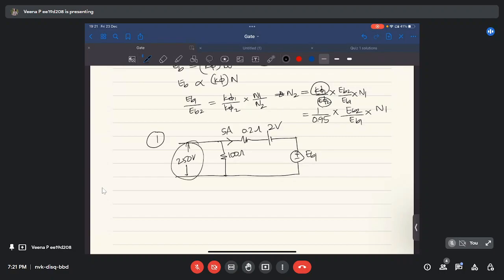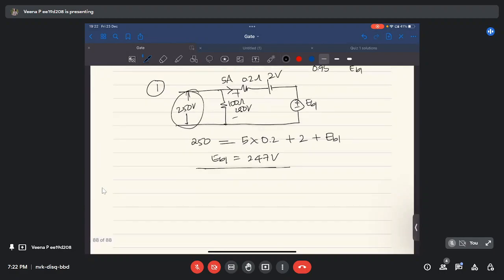So the 250 volt will come here as well. Applying KVL, 250 volt is 5 ampere into 0.2 plus 2 volt drop plus EB1. Here you will get EB1 as 247 volt.